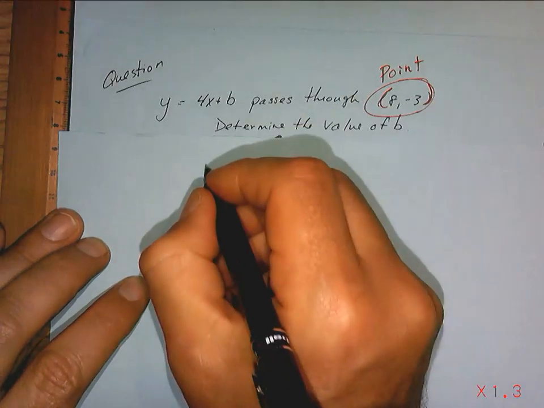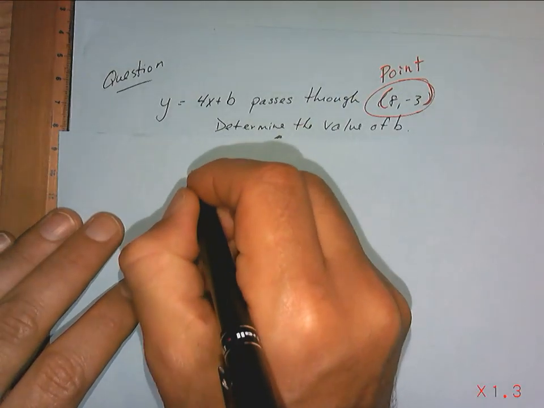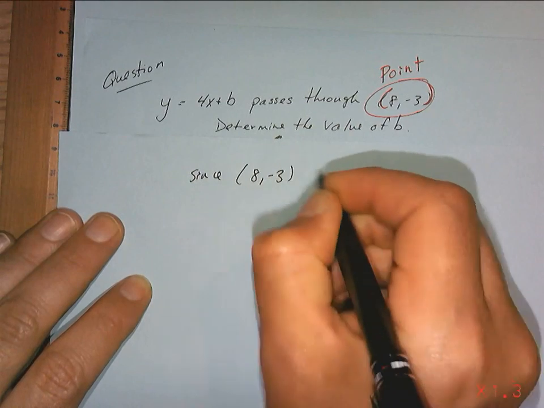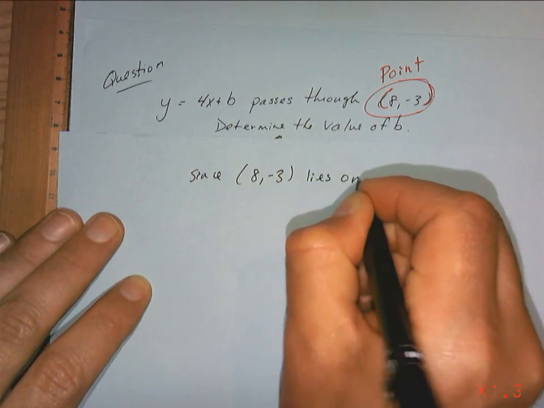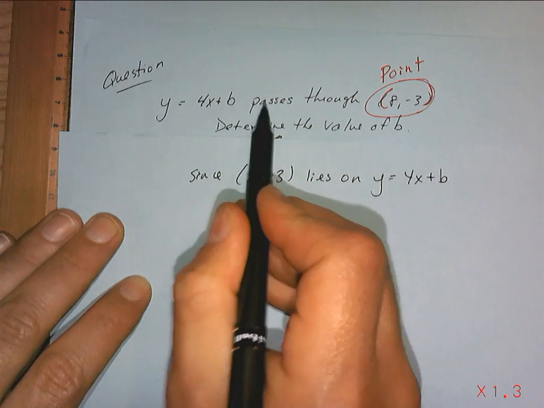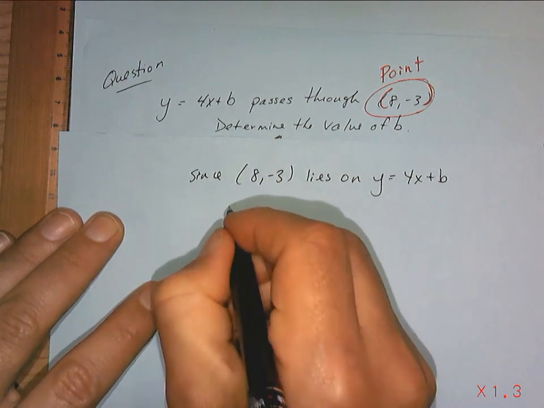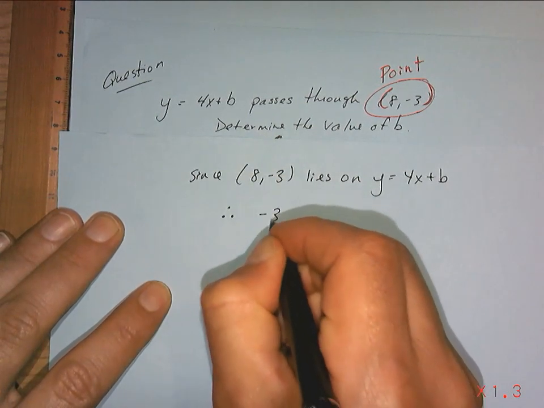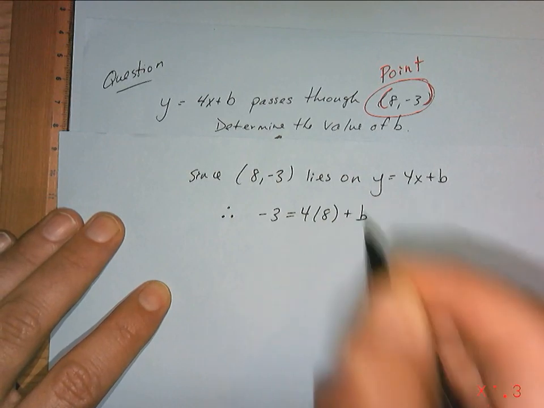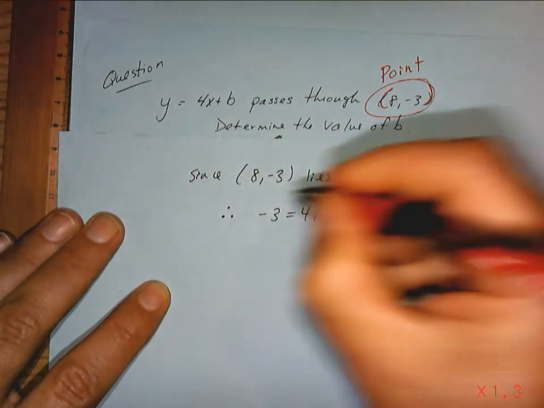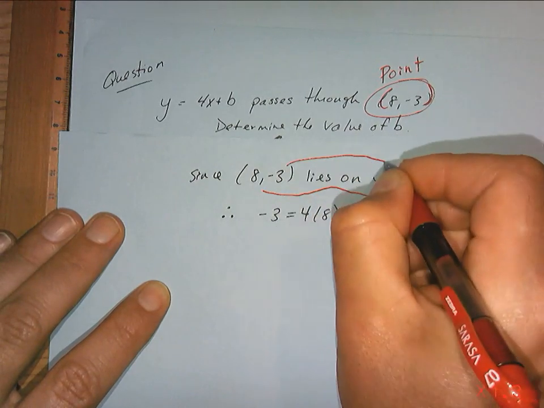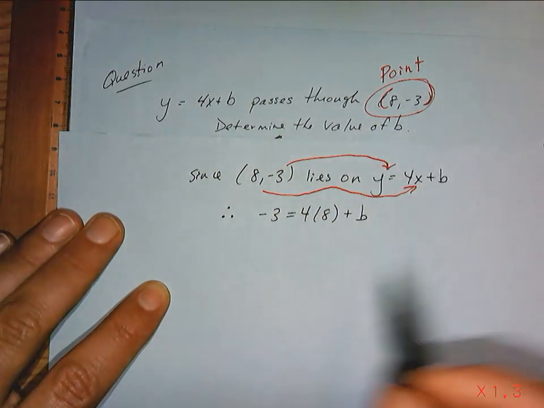So to solve this question, I would say, since 8 comma negative 3 lies on y equals 4x plus b, that's what it means to say that the line passes through it. Therefore, negative 3 equals 4 times 8 plus b. And what we did was we took the x value and put it in for x, took the y value, put it in for y.